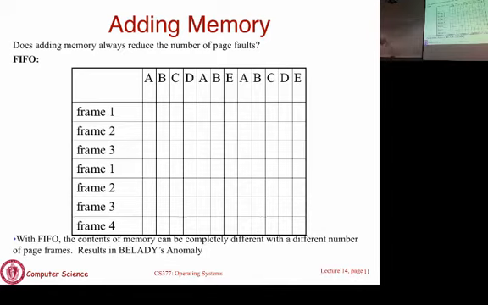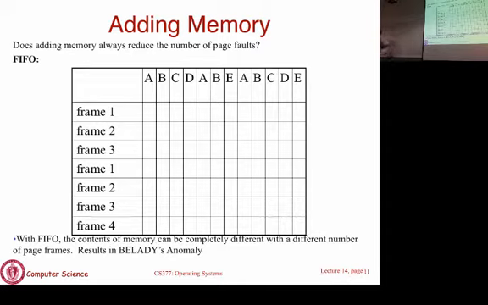Let's do what happens with 4. Is that clear? Any questions here? Just work through the reference stream. So here, same scenario. We have 4 frames.